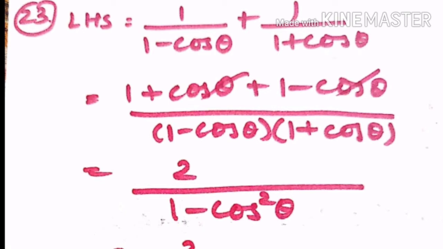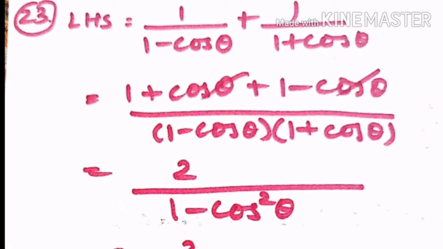So now in the numerator you see cos with a plus sign and cos with a minus sign, that get cut, and 1 plus 1 becomes 2. In the next step you can check 1 plus 1 is 2, and in the denominator you can check that it is a minus b, a plus b type of expansion or factorization. So you remember our 9th standard factorization chapter, in which a plus b into a minus b we write as a square minus b square.